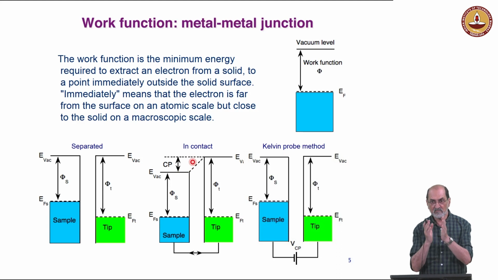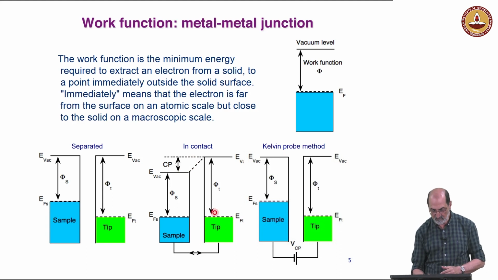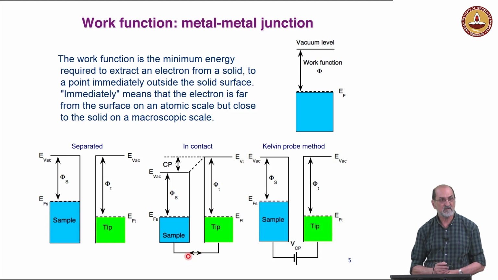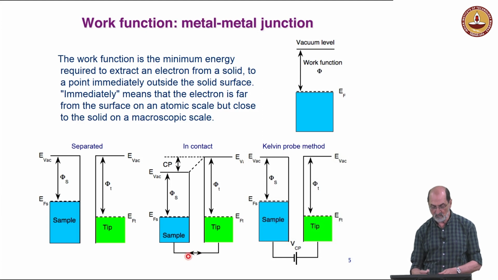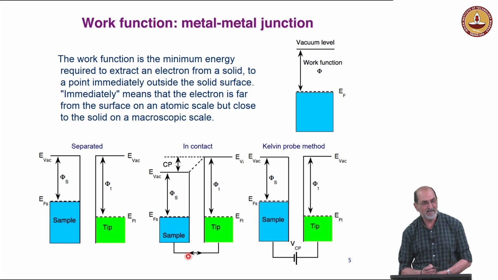So if I make it vibrate, you are going to have a current going from one direction to the other. If you put something in between to measure the current, we are going to measure a current, and that is going to tell me that the work functions of those pieces of metal are different.